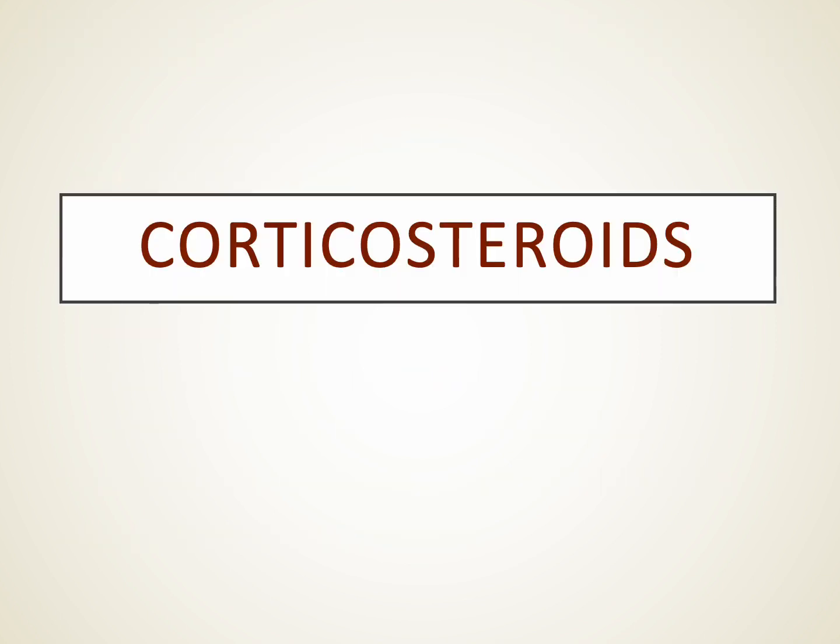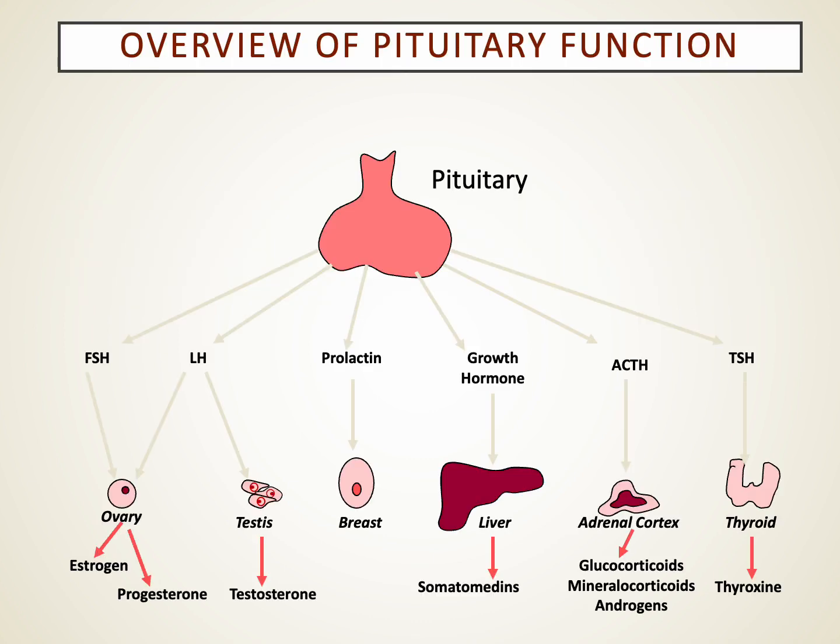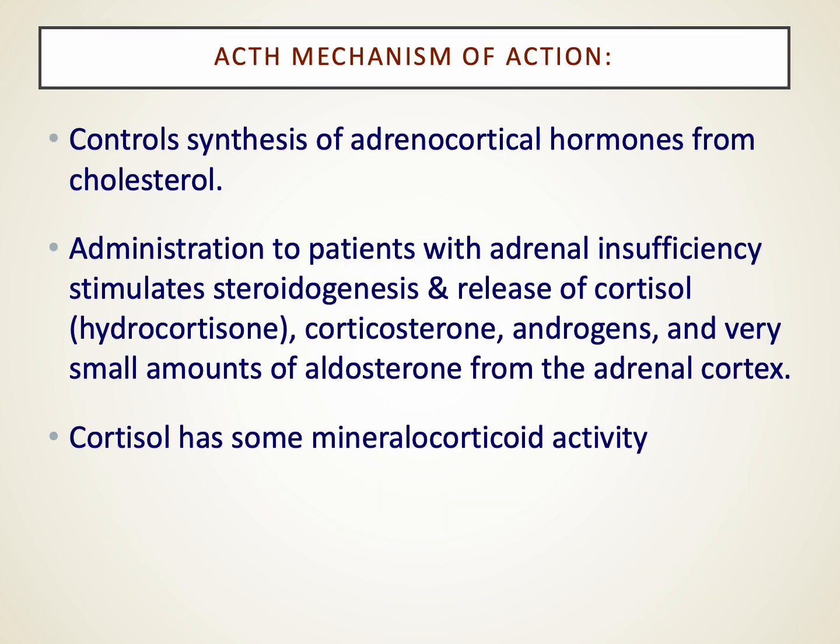Let's shift gears a bit and just talk about the general principles of corticosteroids, mostly as a review here. So we think about the corticosteroids. We start with the pituitary, that the mechanism of action of corticosteroids affects the control of synthesis of adrenocortical hormones. And cortisol, which is ultimately produced here by the adrenal gland, has both mineralo and glucocorticoid activity.